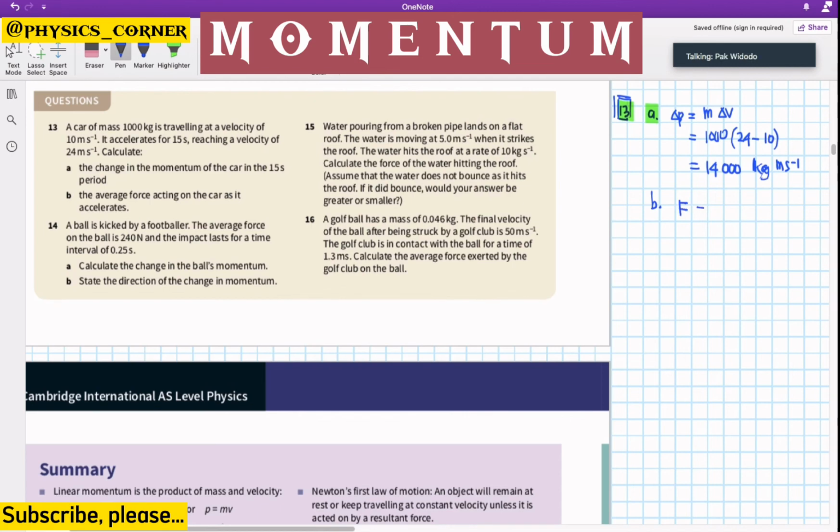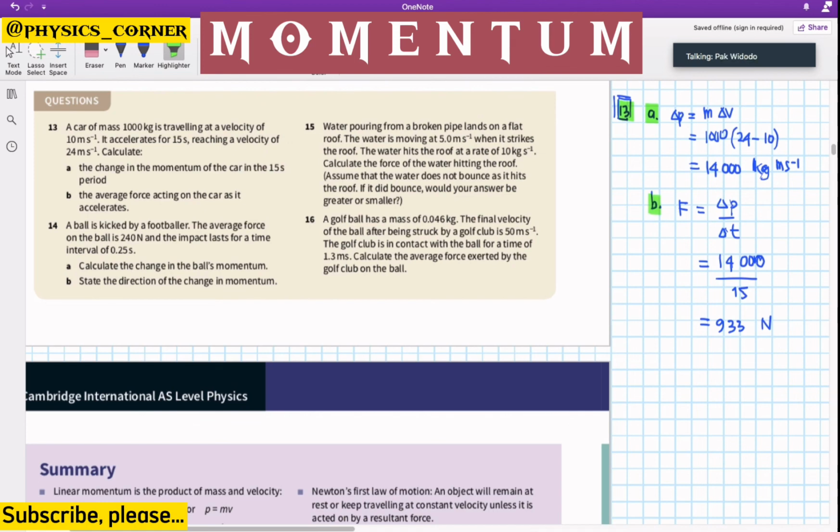Force is delta P over delta T. Delta P we have 14,000, per delta T which is 15, so it equals 933.33 Newton. This is the answer for force.